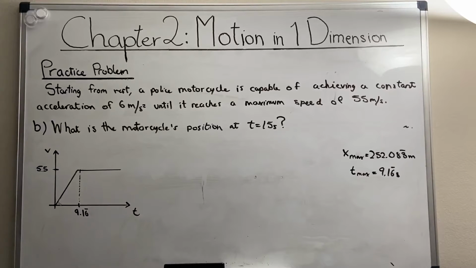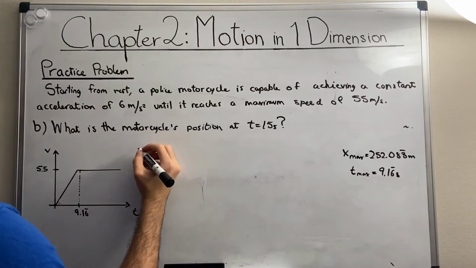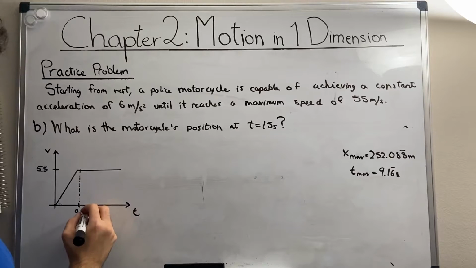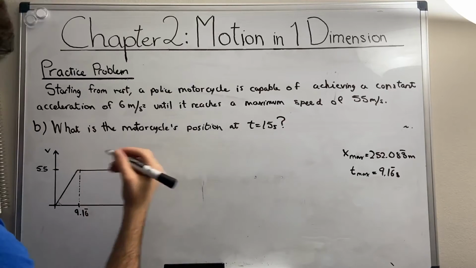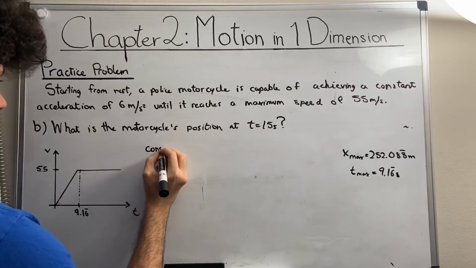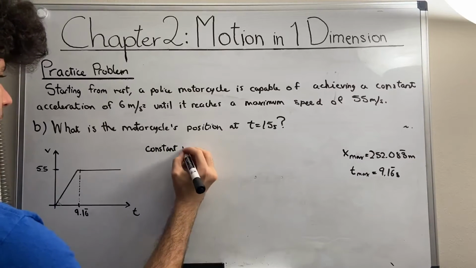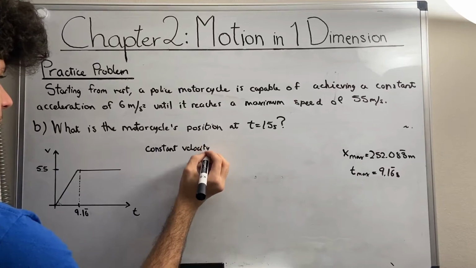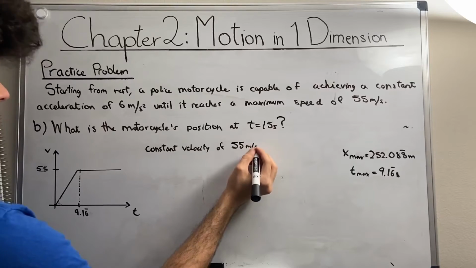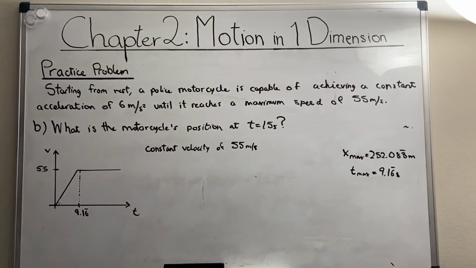So basically after 9.16 seconds, we have a constant velocity of 55 meters per second. And this, if you recall from one of my previous videos, is actually the second easiest type of question, right?